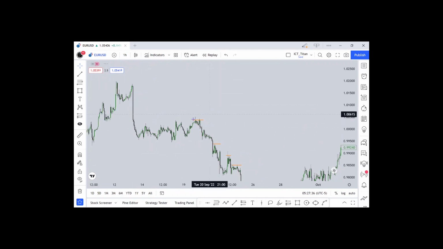And after identifying this, you encounter a downward fair value gap that broke structure.